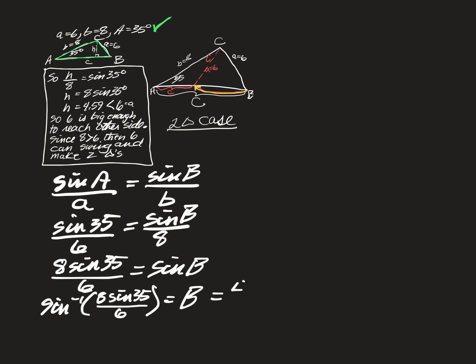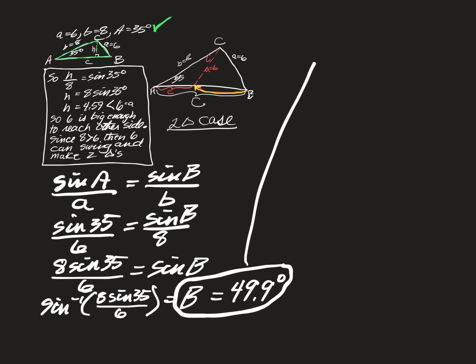I get 49.9 degrees, okay? So I'm going to round to 1 decimal. So that is one thing. I have now found B, okay? So then I can move up here, all right? And we're going to keep working, all right?